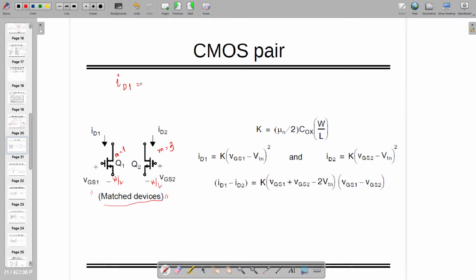ID1 is equal to K times (VGS minus VT) squared.